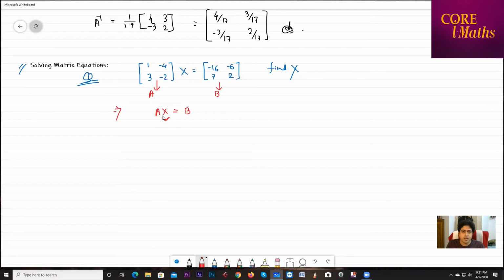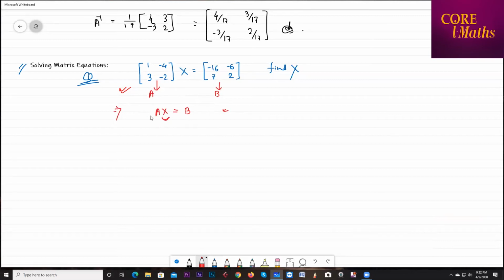Then you have to identify what type of multiplication with which inverse is our requirement. So here, this is the given matrix equation, with A and B as the matrices, so you write the matrix equation AX equals B.